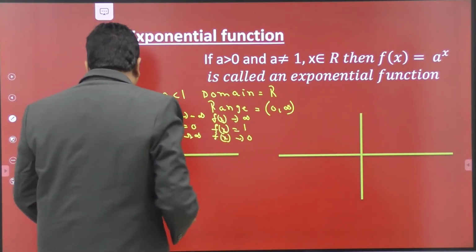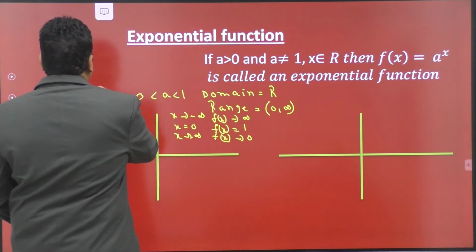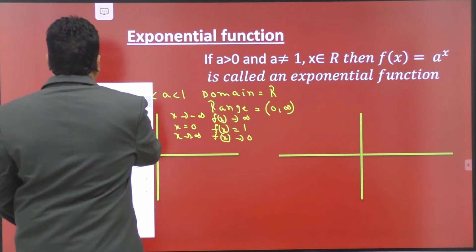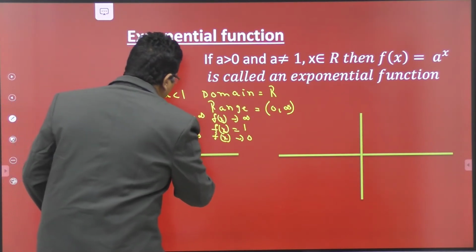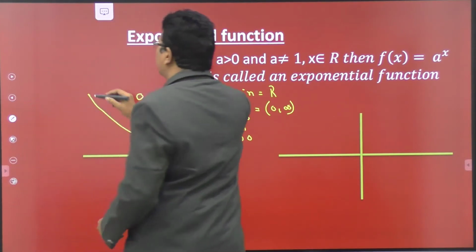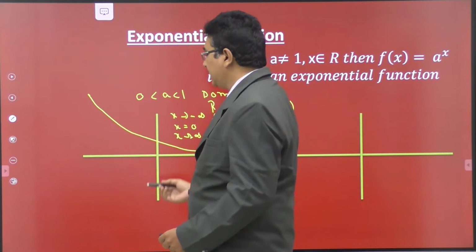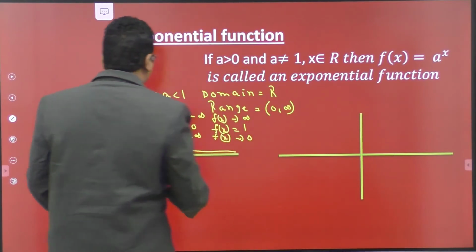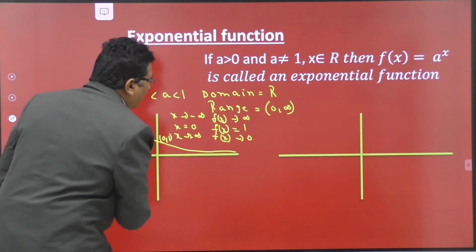Right. Now the graph of this function is like this. This is minus infinity to infinity. This is the point (0, 1).